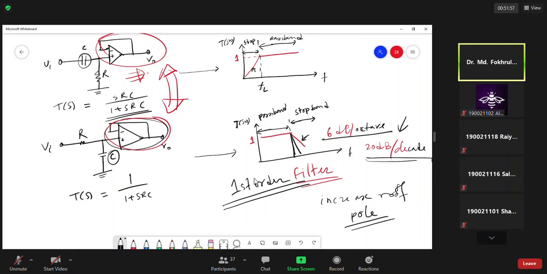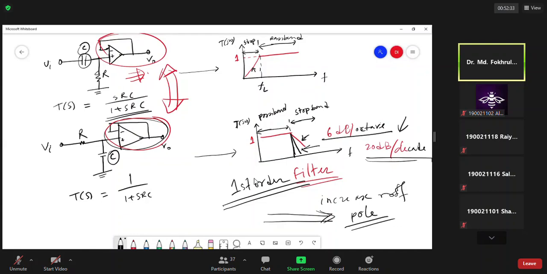Later on we will see that if we increase the number of capacitors in the circuit, that increases the number of poles, and increasing the number of poles will increase the roll off, the slope of the straight line. It is one of the important specifications given for the active filter.